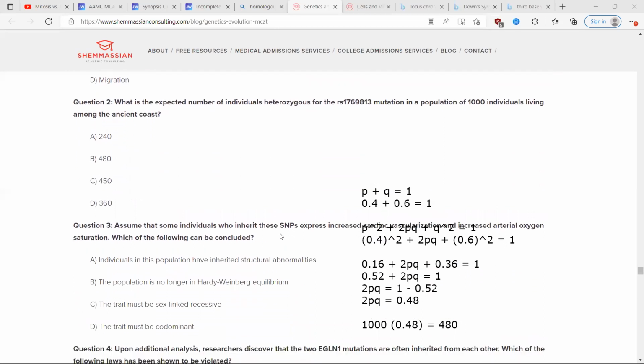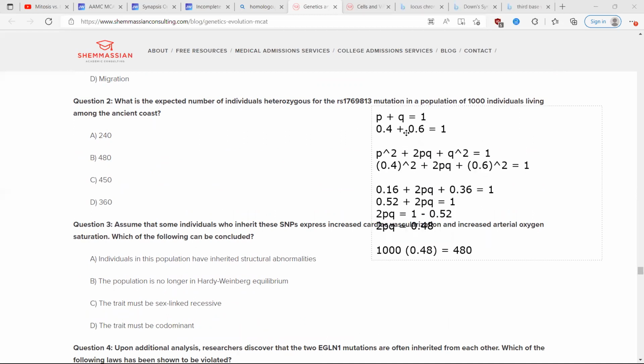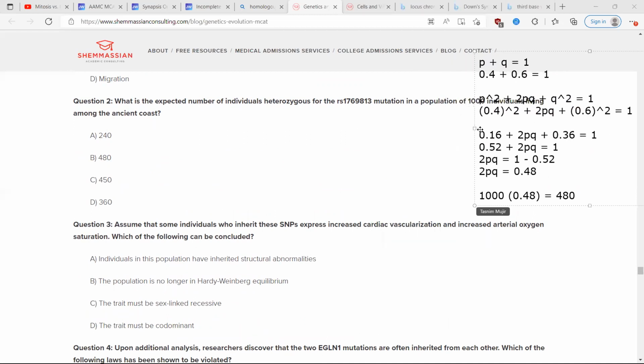All right. Assume that some individuals who inherit these SNPs express increased cardiac vascularization and increased arterial oxygen saturation. Which of the following can be concluded?